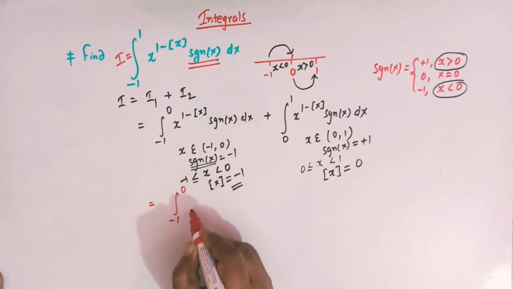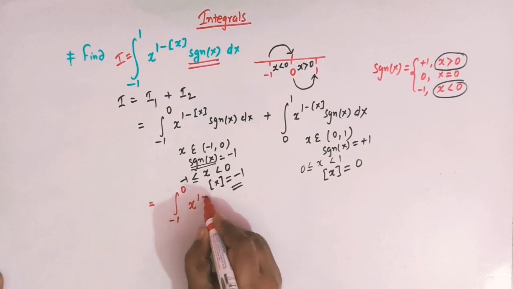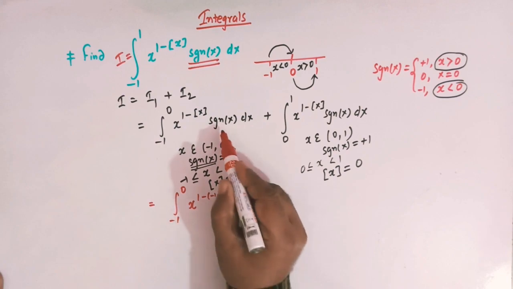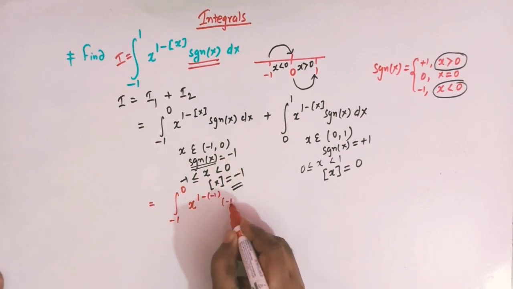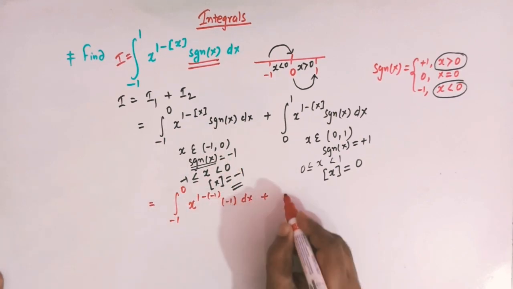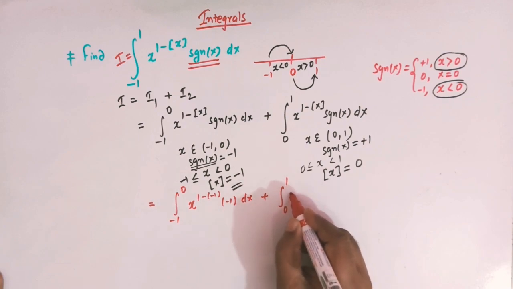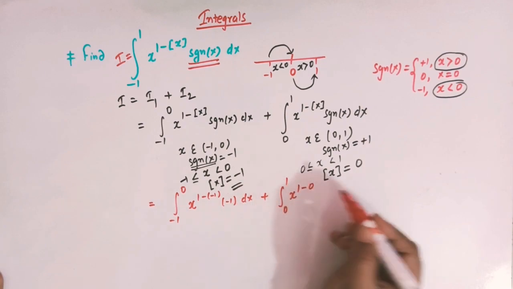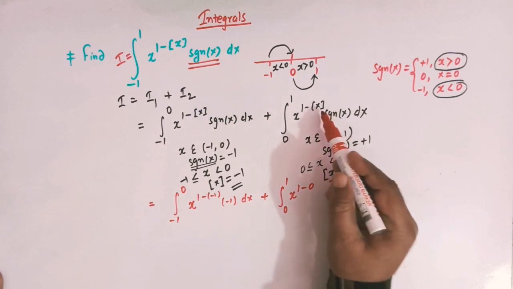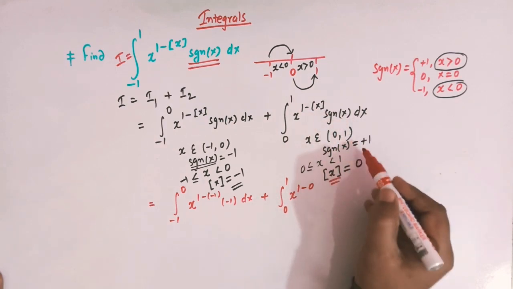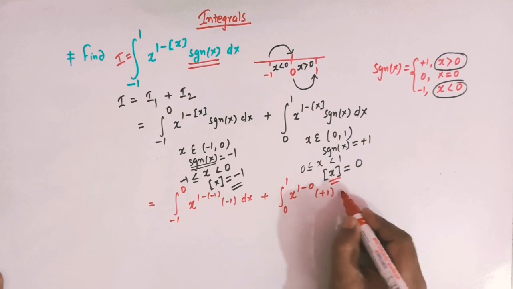From -1 to 0 we have x raised to 1 minus -1, and for signum of x we have -1, dx. Then from 0 to 1, x raised to 1 minus 0, because greatest integer of x is 0, and for signum of x we have +1.